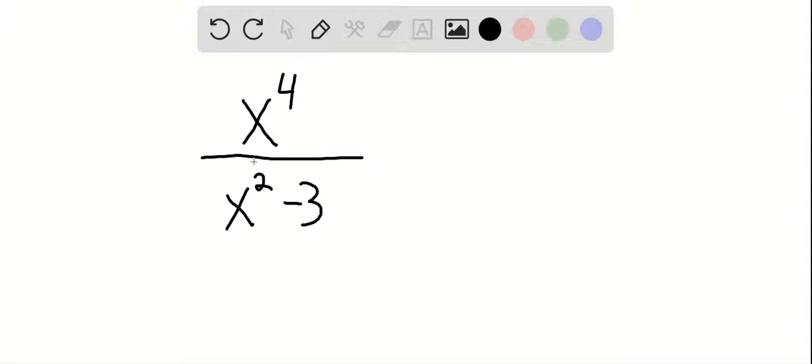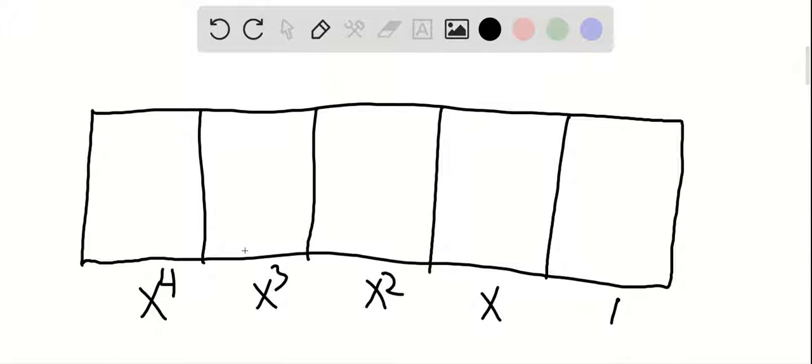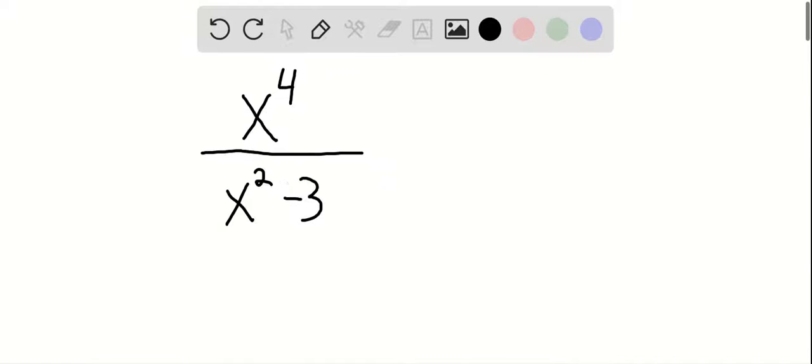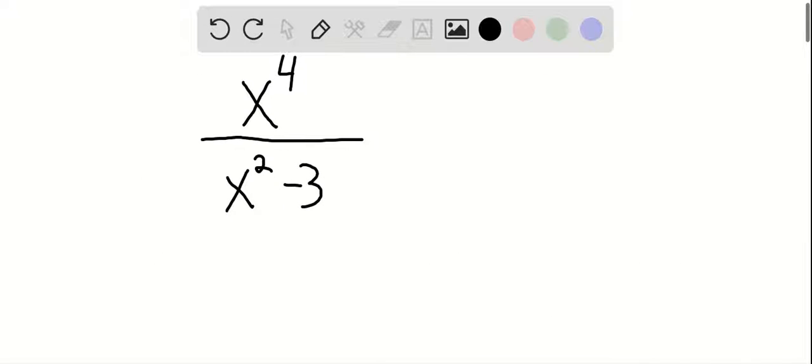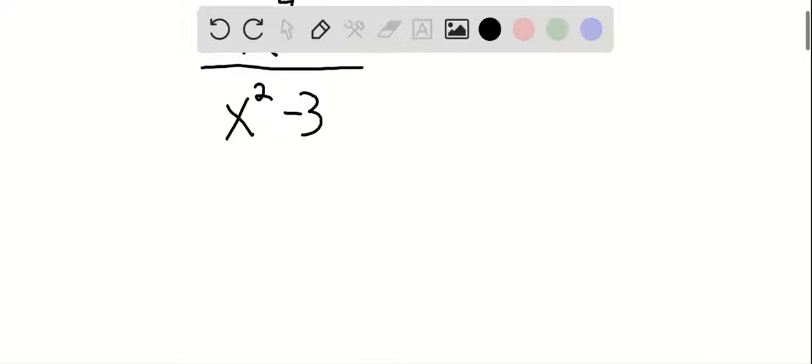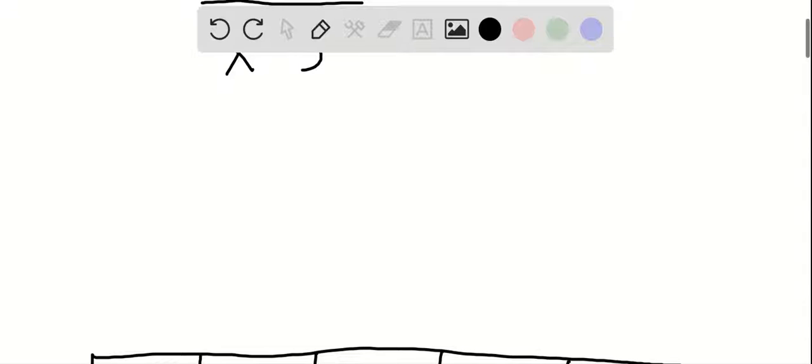To represent x to the fourth, that's just one dot in our x to the fourth box. There it is, x to the fourth. Now we are dividing by x squared minus 3. So what does x squared minus 3 look like in an x to 1 machine?